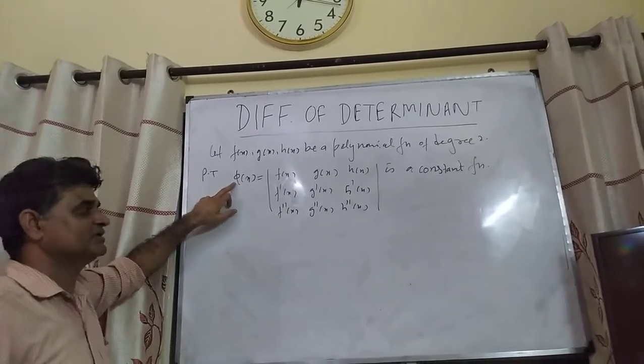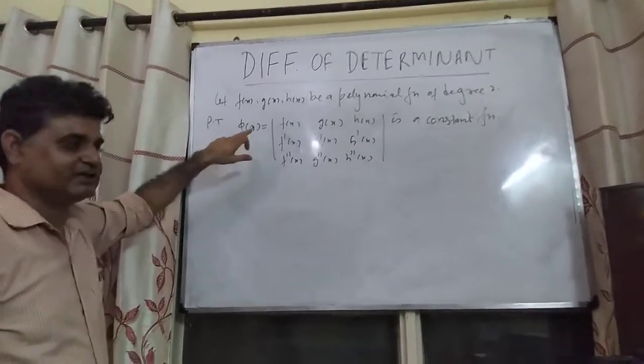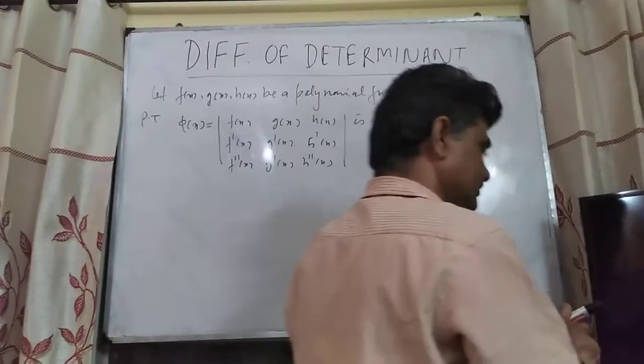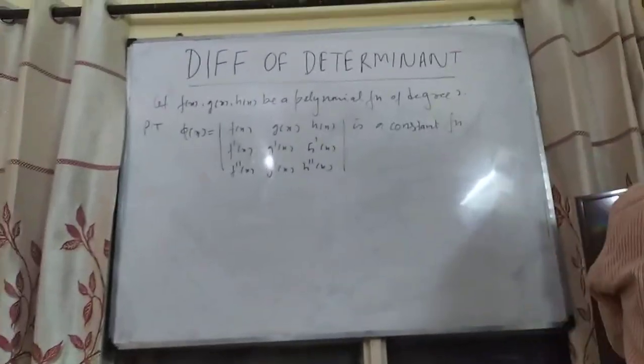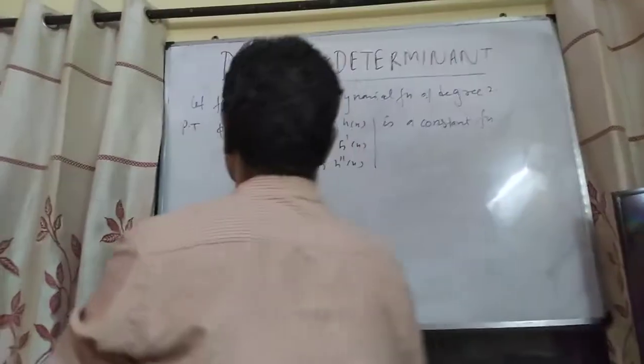If we are able to show this, then we can say that φ(x) is a constant function. So now we are moving to solve this question.